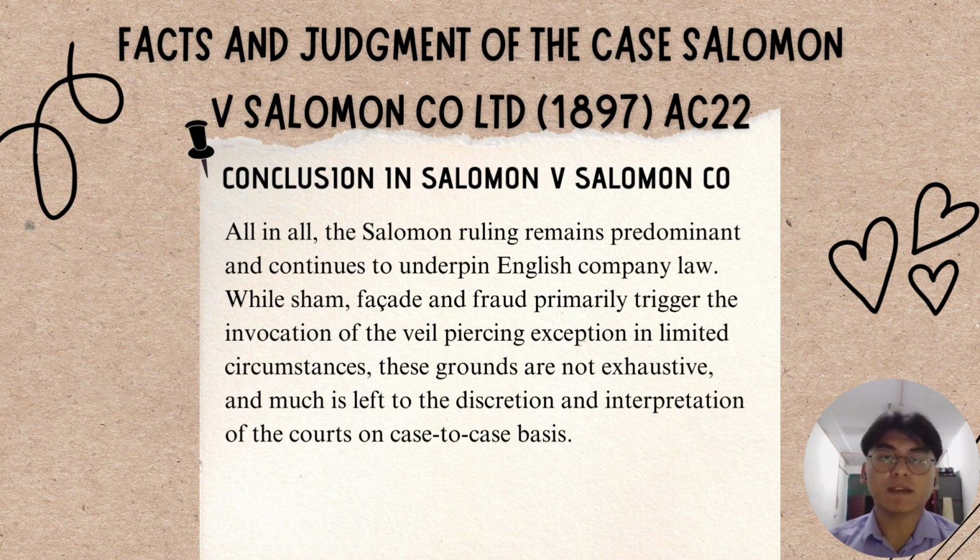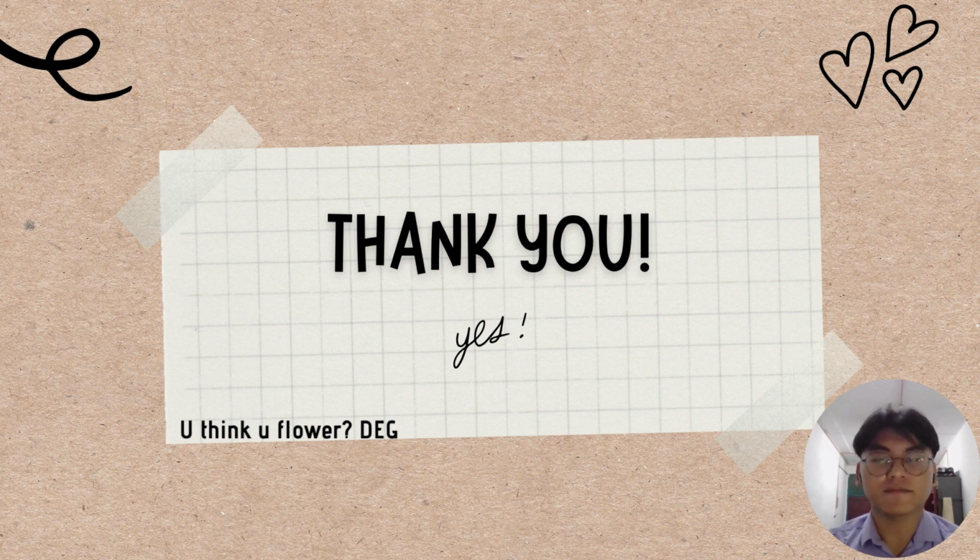Conclusion in Salomon versus Salomon and Company: all in all, the Salomon ruling remains predominant and continues to underpin English company law, while sham, facade, and fraud primarily trigger the invocation of the veil piercing exception in limited circumstances. These grounds are not exhaustive, and much is left to the discretion and interpretation of the court on a case-to-case basis.